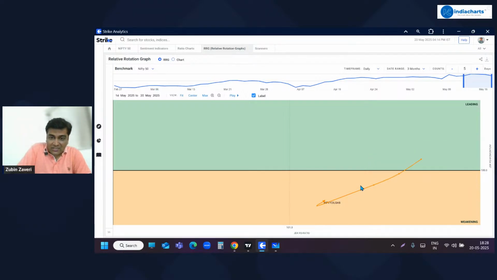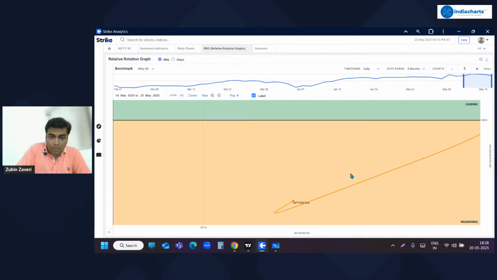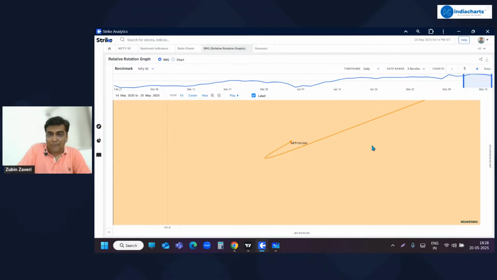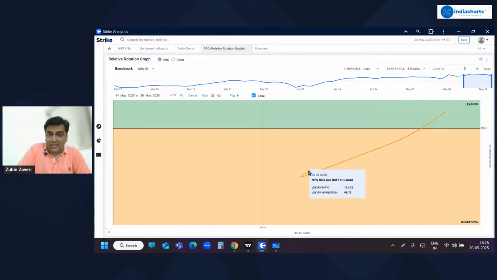So you can see that the strength is also decreasing, but all of a sudden, from yesterday to today, it changed and started gaining some momentum, and is now facing upwards towards the leading quadrant. If the momentum tomorrow is very strong, it could enter the leading quadrant straight away from the weakening quadrant.